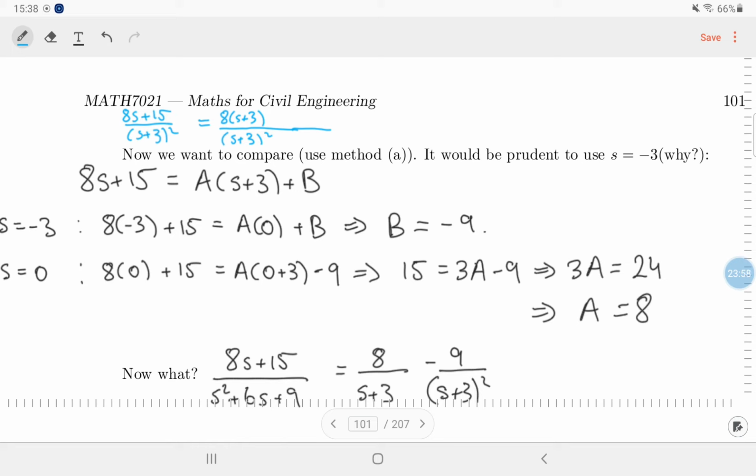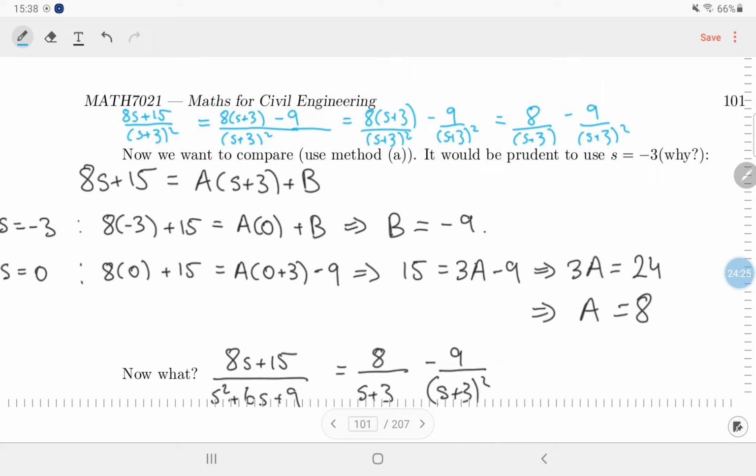But there should be a 15. So to get from 24 to 15, you need to do minus 9. And now you can split this up as 8 times (s plus 3) over (s plus 3) squared minus 9 over (s plus 3) squared. And then you can divide above and below by s plus 3 in the first one to get 8 over (s plus 3) minus 9 over (s plus 3) squared.